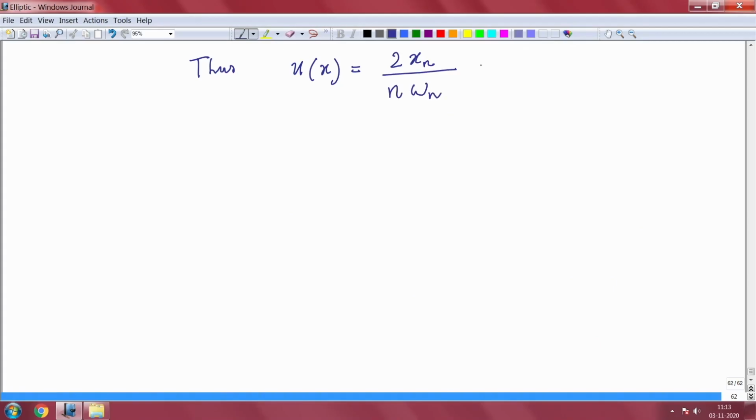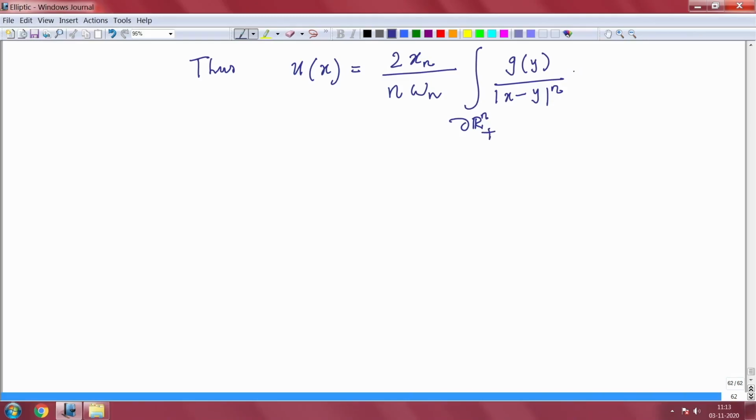omega n integral of g of y, y mod x minus y. This is on the boundary, so x n can take it out. Yeah, that is why it is coming. This is in R n minus 1. Okay. So, x n won't come into the picture. dr n plus.